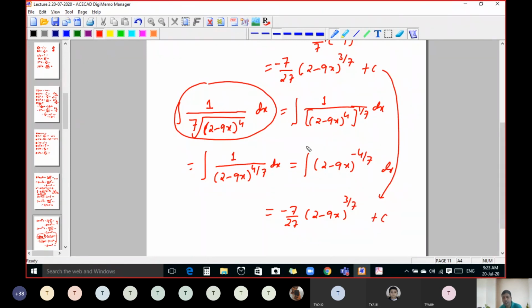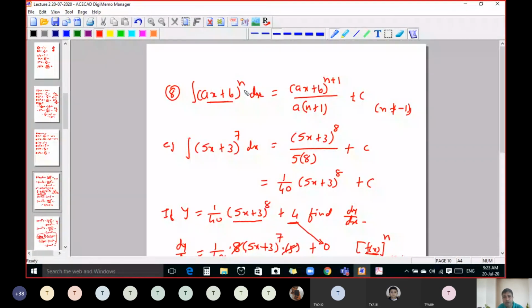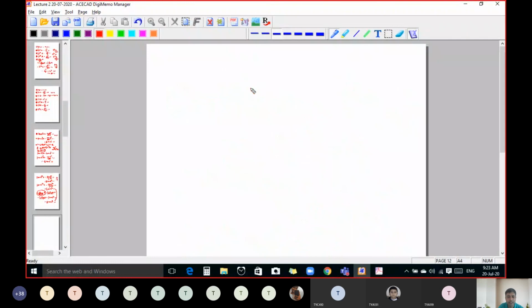Now the question is, what if n equal to minus 1? So that is our next result, result number 9. Integration of (ax plus b), this should be a linear function, raised to minus 1 dx. So this you can write as integration of 1 upon (ax plus b).